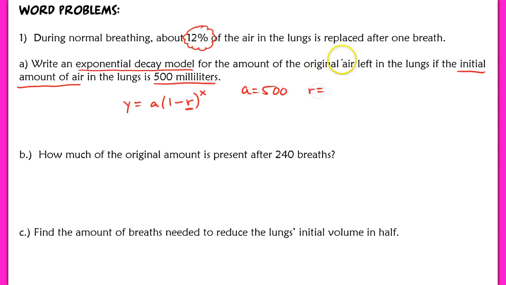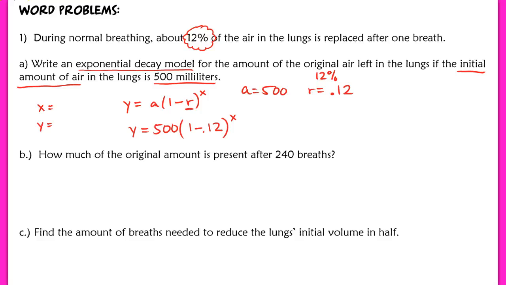Our rate, which is 12%, I'm going to write that as 0.12. So we want to convert that percentage to a decimal. So my general form for this particular function here, this decay function, would look like this. y equals your initial amount, 500, multiplied by 1 minus 0.12, raised to the x power. So x and y should be defined as well, so let's do that.